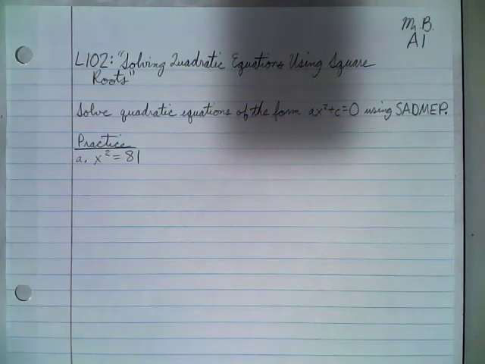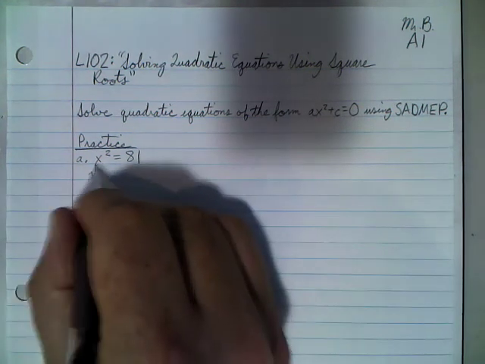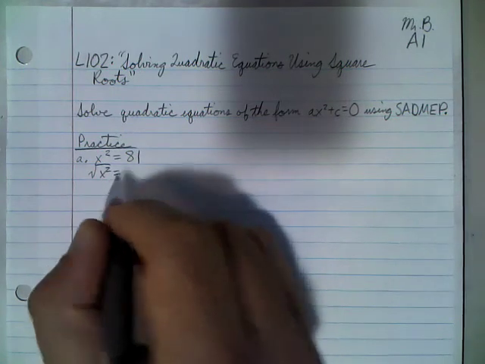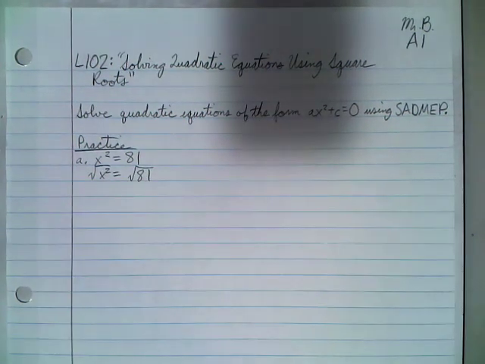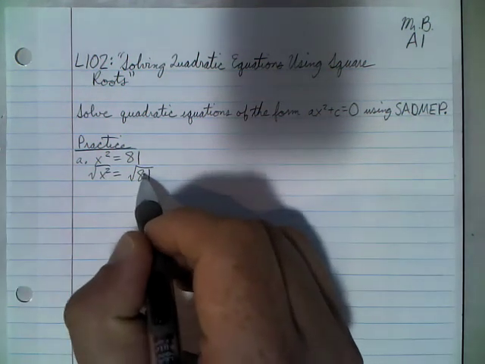Now I'm going to go ahead and take the square root of both sides. So when I take the square root of both sides, I'm going to get a square root of x squared. And on the other side, remember something special happens. When we take a square root here, we want the true square root. So the square root of 81 obviously is 9.